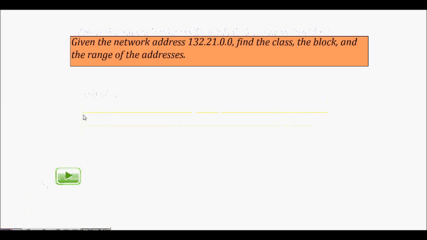Next, let's move on. Another question: given network address 132.21.0.0, find the class, block, and the range of addresses.